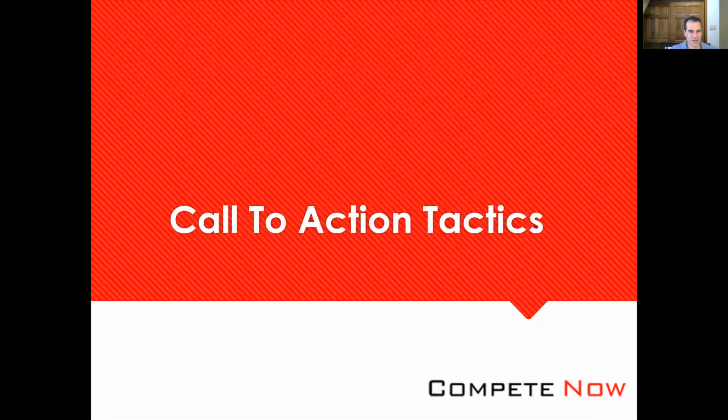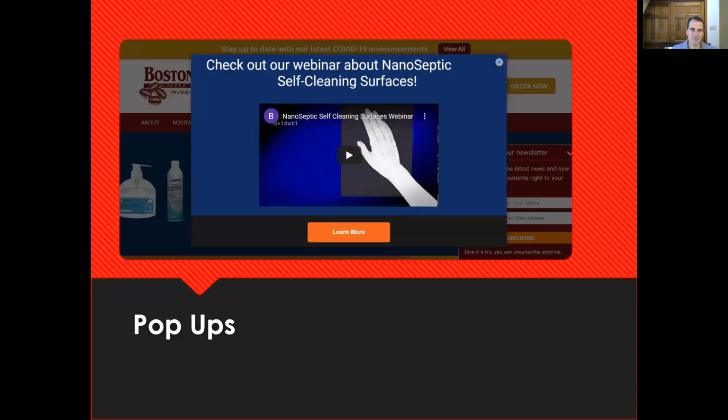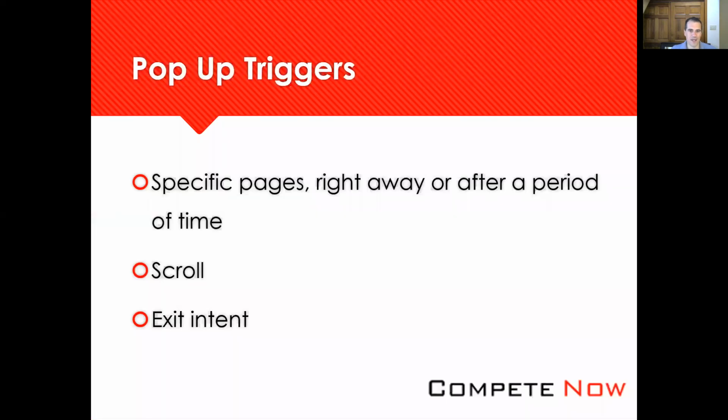You saw some of them on these examples, but I'm going to talk in a little bit more depth about the different call to action tactics. One is a pop-up. A lot of people cringe over the thought of pop-ups, but they really do work pretty well. The strategy with the pop-up is to figure out how we can make it not intrusive to the overall user experience.